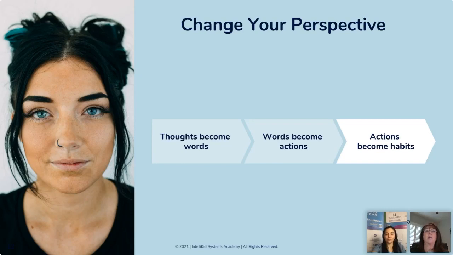So when you have positive actions that you're doing, you can develop these positive habits that really are going to help you change your perspective and help you change your thinking to a positive growth mindset. So it's a simple process to change your thinking. When you put it in these 3 steps, difficult to do, but a simple process.